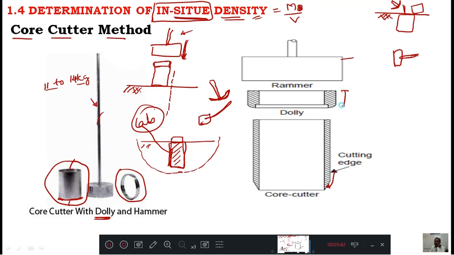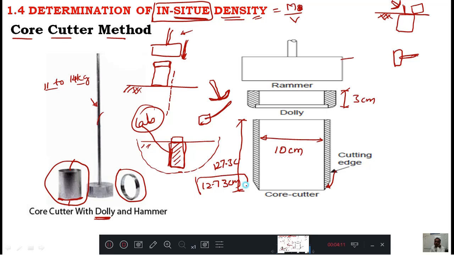The dolly will be about 3 centimeter, and usually the inner diameter of the core cutter will be 10 centimeter, and the internal height of the core cutter will be about 12.73 centimeter.